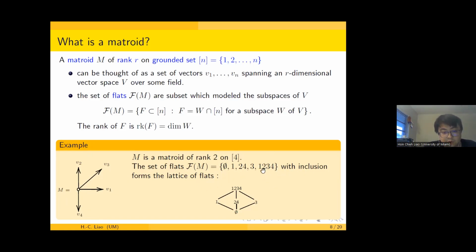So if we consider the inclusion relation on these flats, it forms a lattice, and this is the corresponding Hasse diagram of this lattice.